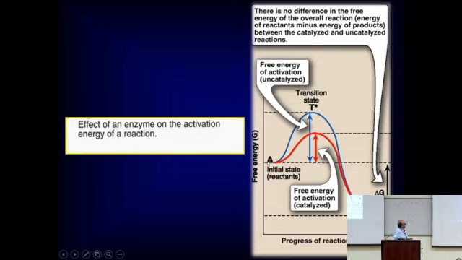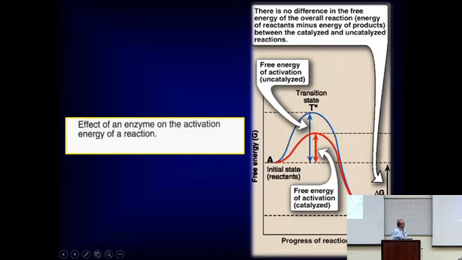So you start with A, you end with B. To go from A to B, let's start with the blue line, which is the reaction occurring on its own, the uncatalyzed reaction. A goes through that transition state. You need what is called activation energy to make it to B.